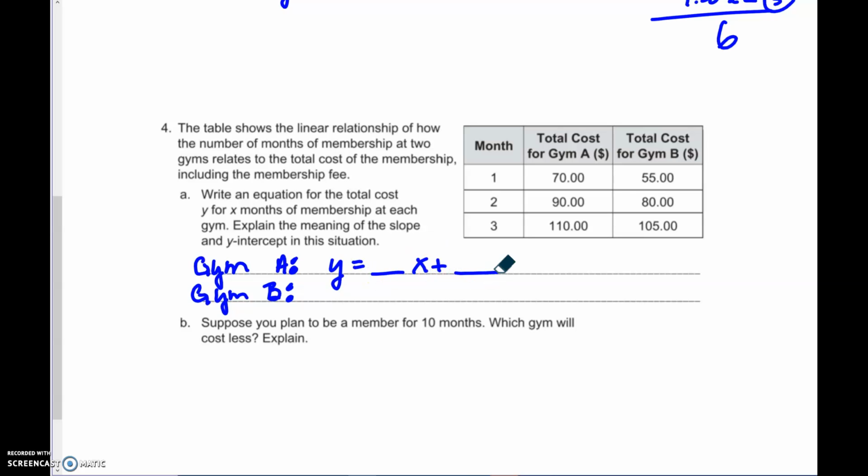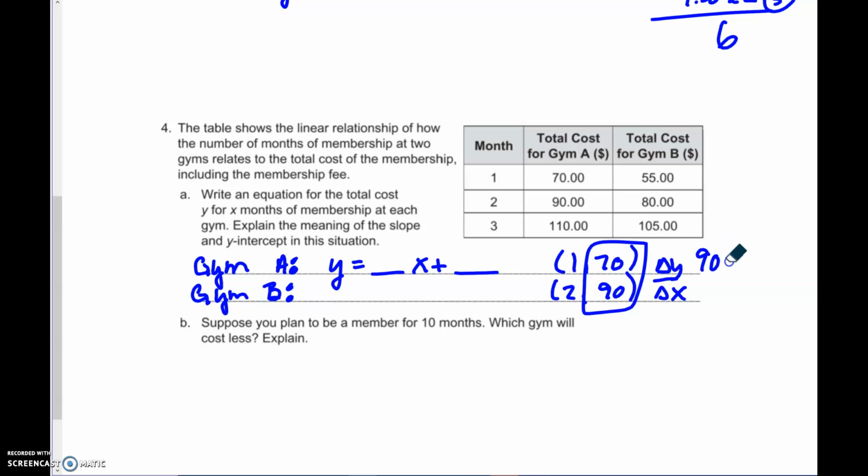Well, it doesn't look for Gym A. They don't tell us the slope, and they don't tell us the y-intercept. So remember, to find the slope, we need 2 ordered pairs. So we have 1, 70, and we also have 2, 90. So remember, my y values go on top. So these are my y values.